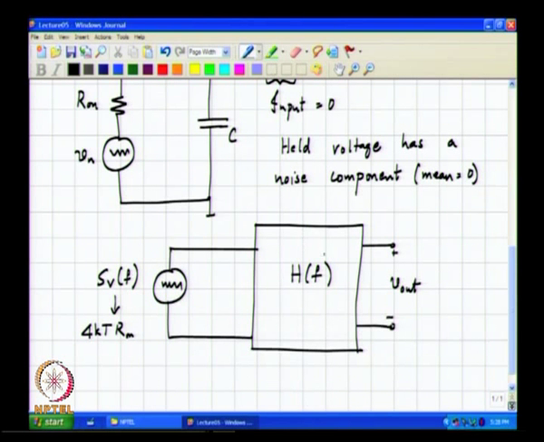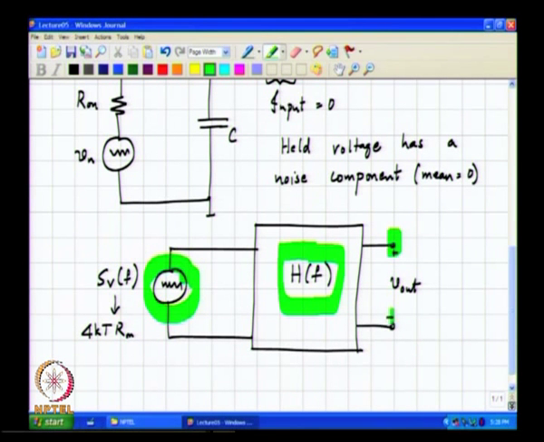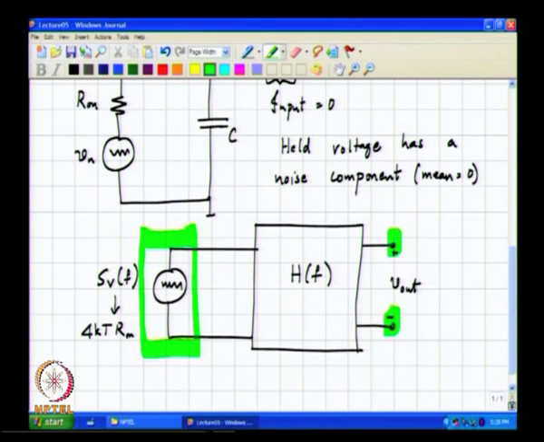Clearly, this is a linear filter being driven by a random waveform. So, the output is also a random waveform which depends on the input as well as the impulse response or the transfer function of the filter, right. So, if we now go back to the intuition we developed with regard to what this SV of f means, that will help us get an understanding of how to compute the mean square value of the output voltage.